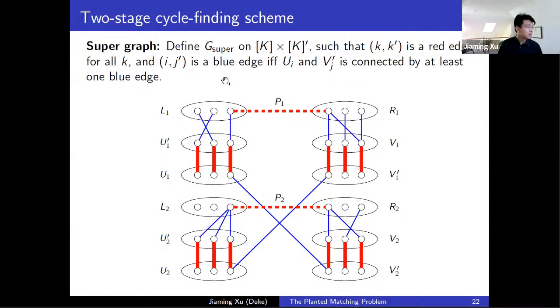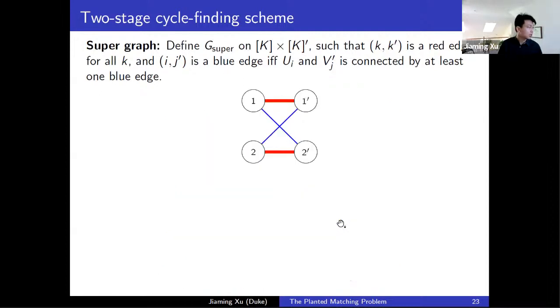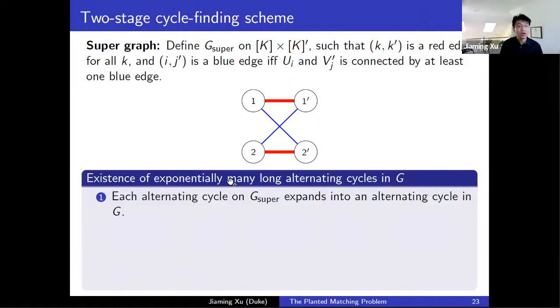So in this example, the supergraph representation simplifies to the following. We have this solid red edge here, 1 and 1 prime, denoting this long augmenting path through U1 to V1 prime. And this blue edge is just the long blue edge between U1 and V2 prime. After this simplification, our job is just to look for alternating cycles in this supergraph. In particular, each alternating cycle in this supergraph can be expanded into an alternating cycle in the original graph.